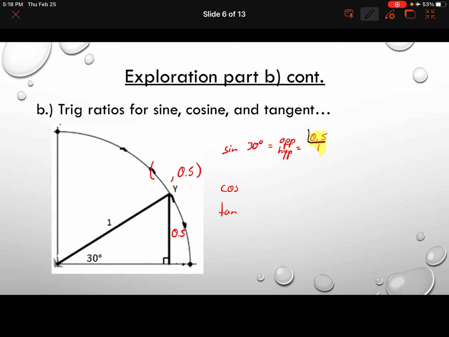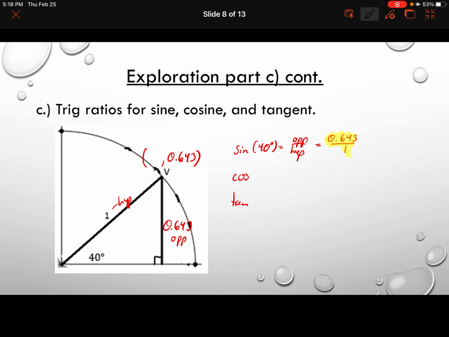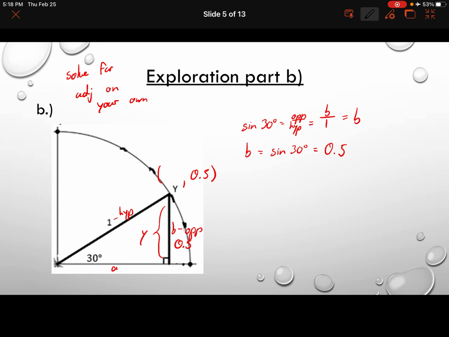The numerator, once again, of the sine ratio was the y value of the point. Let's look at the third one. Same thing. The numerator was whatever the y value of the point was. And you'll see something similar happening with cosine and tangent as well, once you calculate them and write out the ratios.